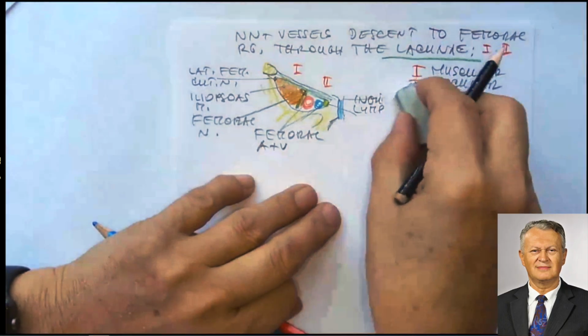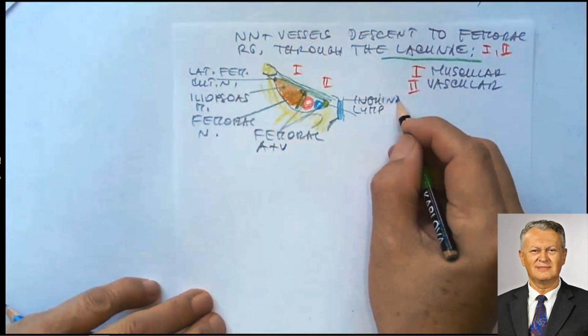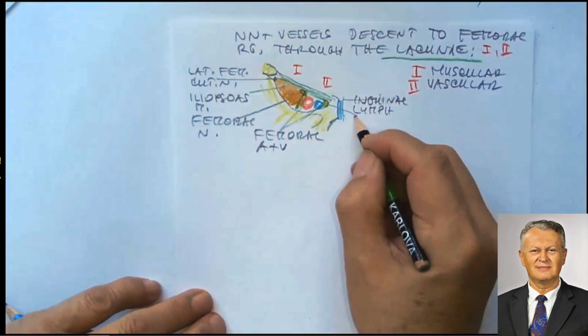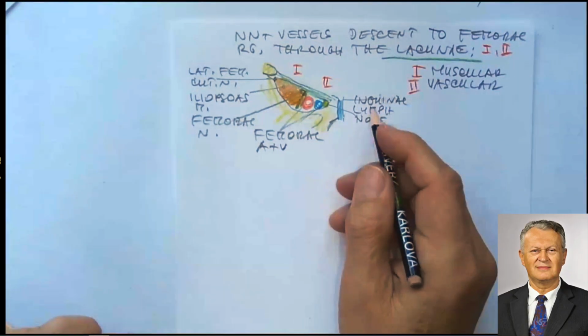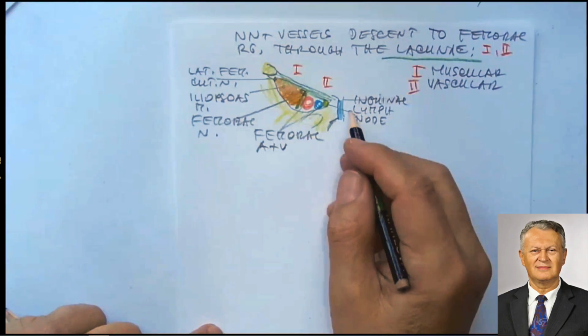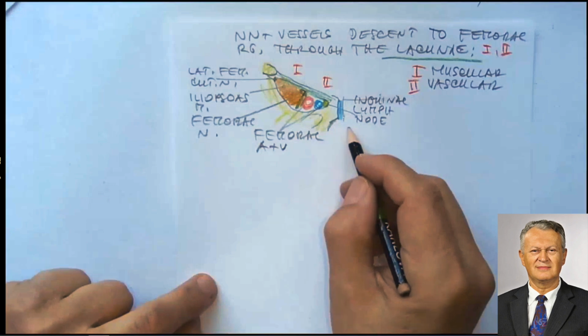It's better writing. Inguinal lymph node, and it is well known under the name Cloquet. Inguinal lymph node, Cloquet. We call it also Cloquet.